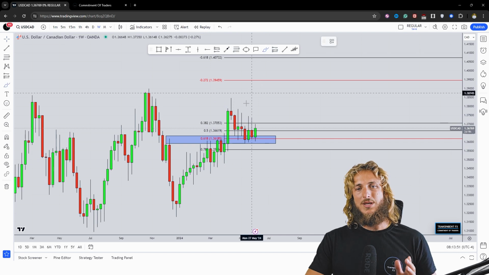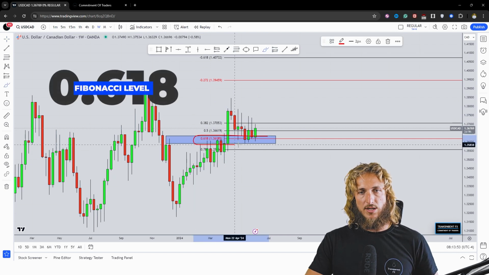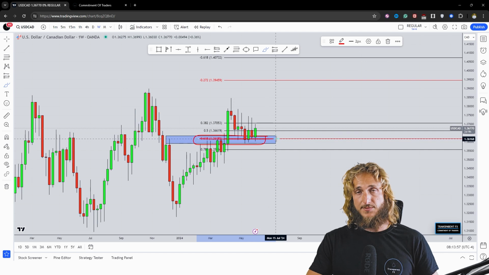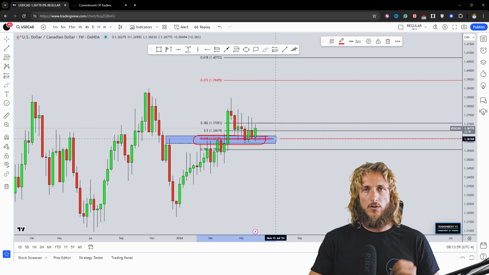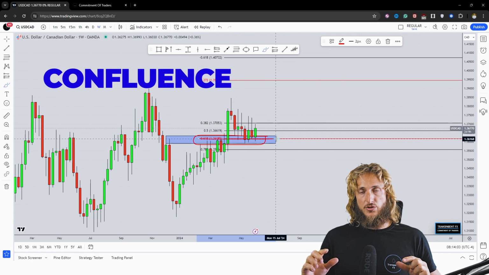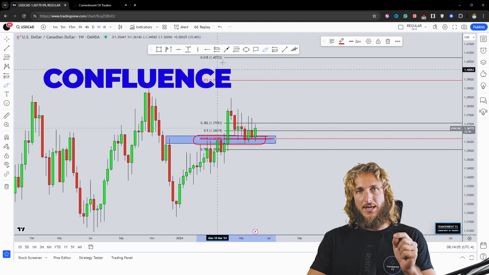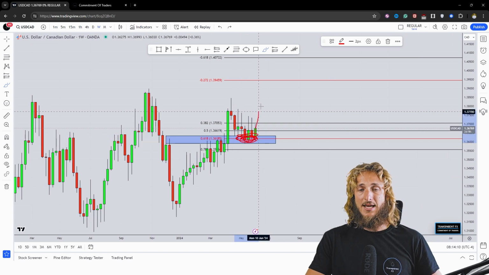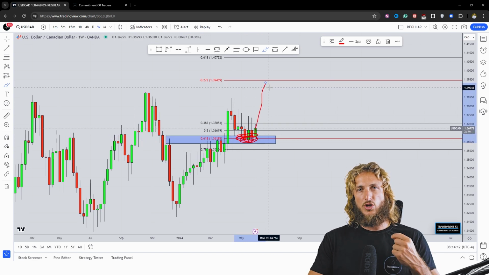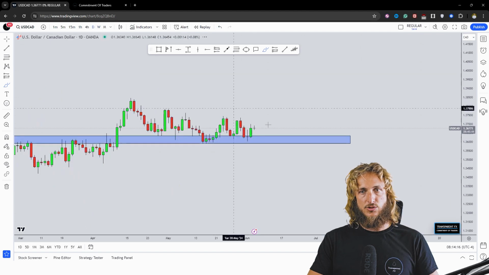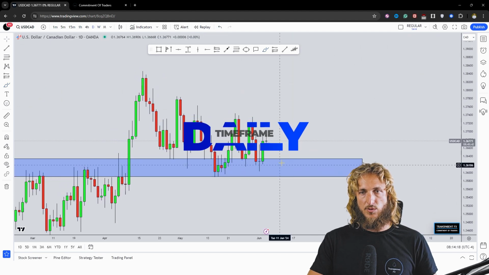And if we do that, we can see how we have the 0.618 Fibonacci retracement in perfect confluence with this support, therefore creating a confluence of support because we have both the Fibonacci level and the horizontal structure lining up in the same area of price. And since we have confluence of support, this increases the probabilities of a potential rejection to the upside away from this area. Now, let's drop down on the daily time frame and see what we have.